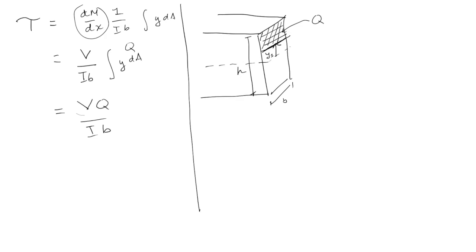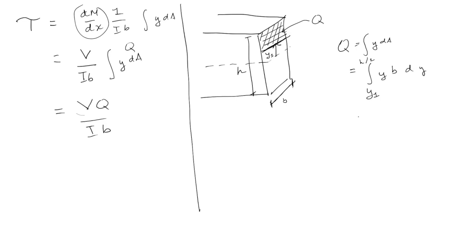So let's determine Q of this shaded region. Q is the integral of y dA, but we know that this is just a rectangle, so we end up with an integral from y1 to h over 2 of y times b dy, because the depth is just constant.